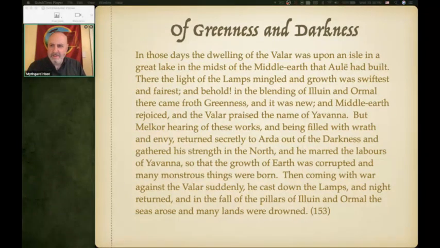Why does that happen? Where does that come from? Well, here's the first example. Here's the first ever desolation of evil that ever was in history, right? And its root is in Melkor's reaction, his envy and wrath at the accomplishment, the beauty of the greenness, the glory of Yavanna's accomplishment, and the praise of everybody else for that accomplishment.